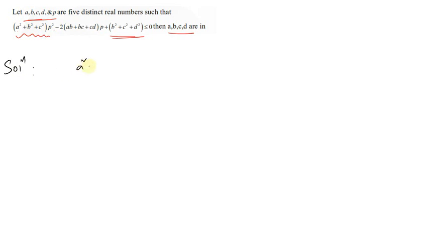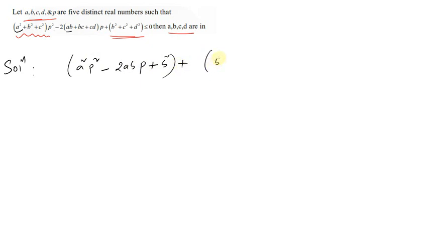So what you are getting here, a square p square minus 2abp. I am selecting this term and I am selecting this term plus b square. Okay, why? Because a square p square minus 2abp and abp is connected with abp, so that's why I separated these terms.